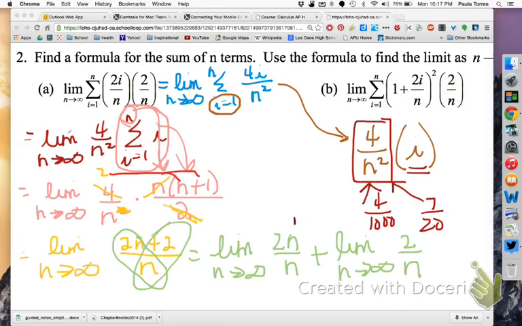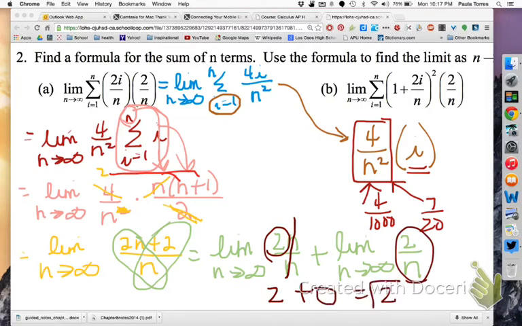So now, of course, this is going to cancel out, and as n goes to infinity, I just get 2, because there isn't any place to even substitute in for an n. And then over here, the degree of the numerator is smaller than the denominator, so that's going to go to 0. So my grand total is 2.